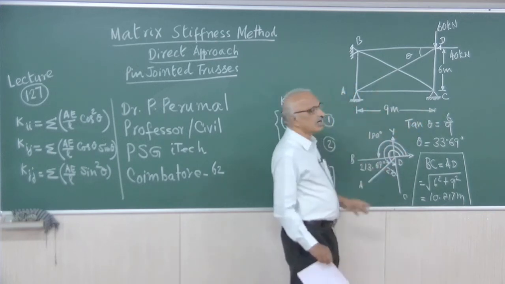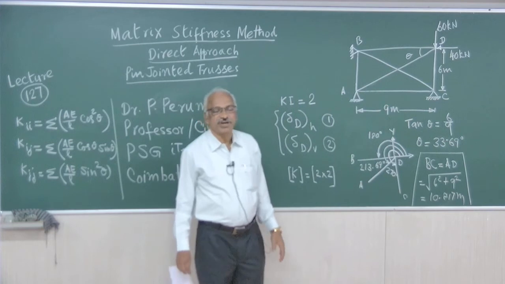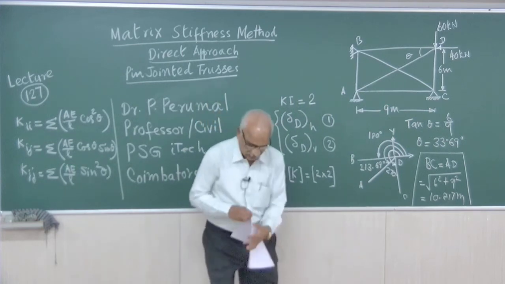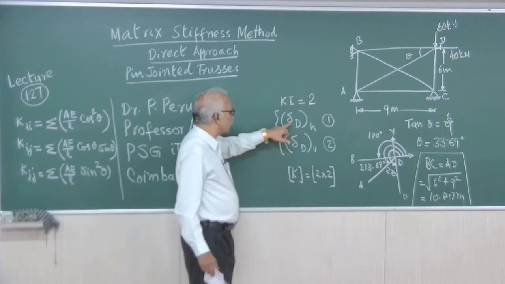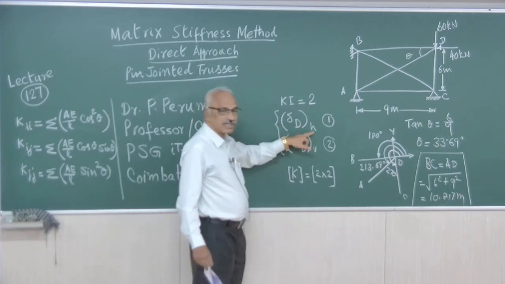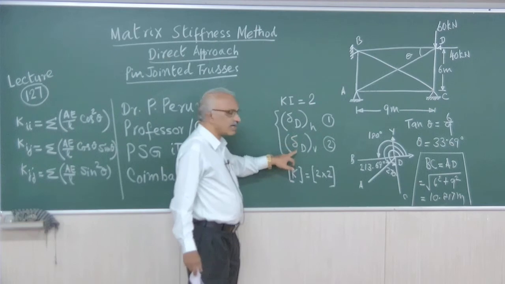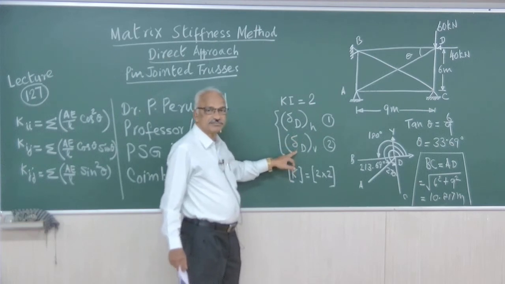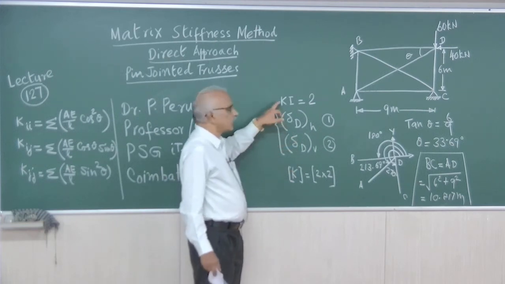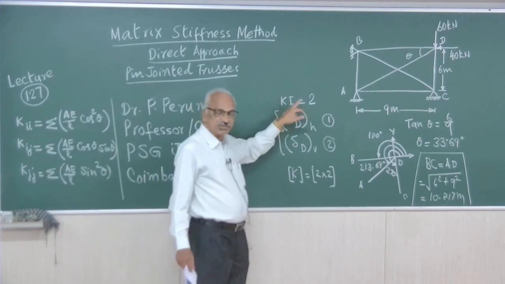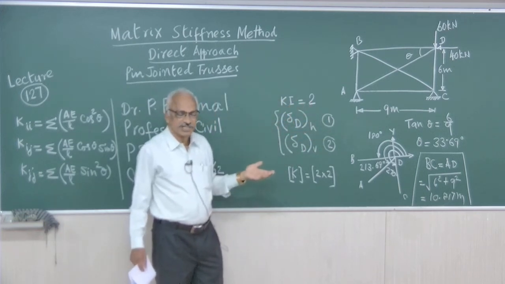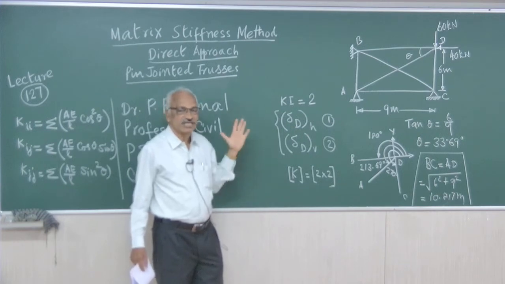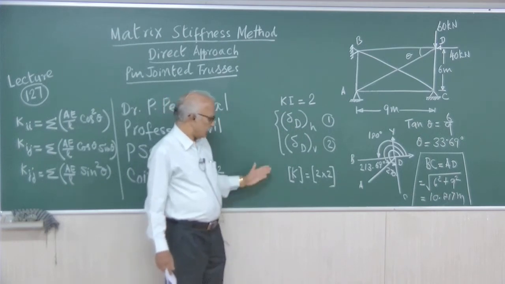Only joint D is free to undergo displacement, so there will be a horizontal displacement at D and a vertical displacement at D. Therefore, the kinematic indeterminacy is equal to 2. The number of possible joint displacements is only 2, only at the joint D.